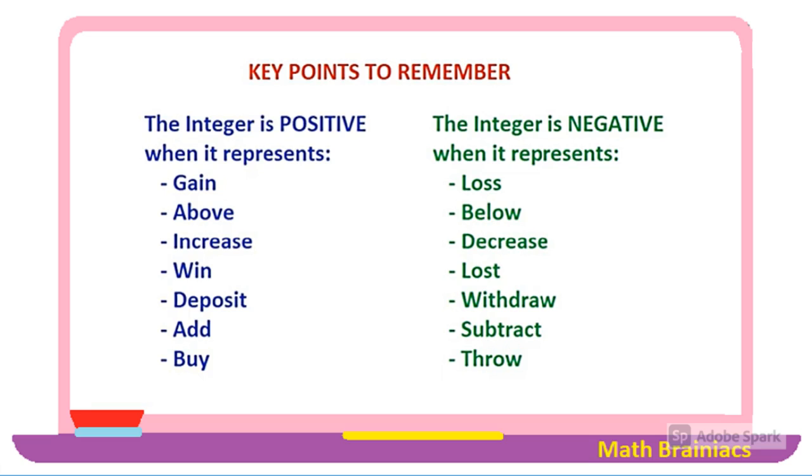Don't forget that integers are positive when they represent gain, above, increase, win, deposit, add, and buy. Whenever you're going to have it, you're going to have a positive integer. However, you're going to have a negative integer when it represents loss, below, decrease, withdraw, subtract, or throw.